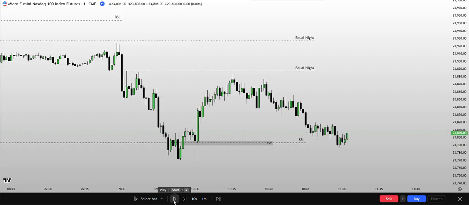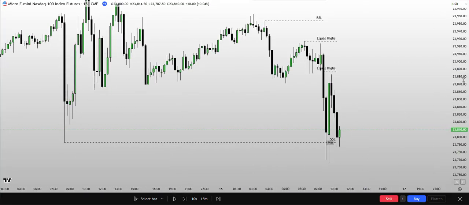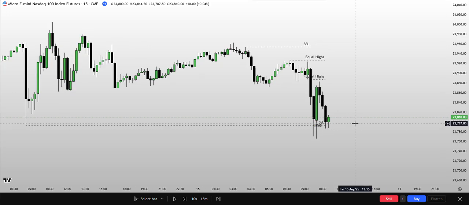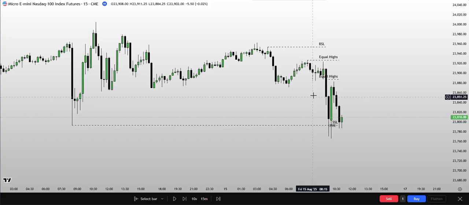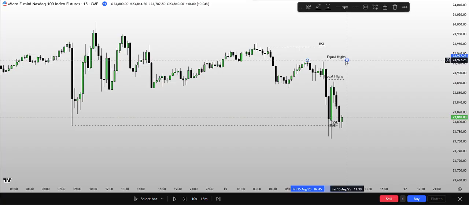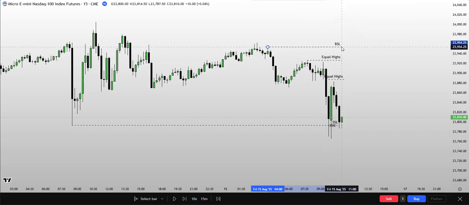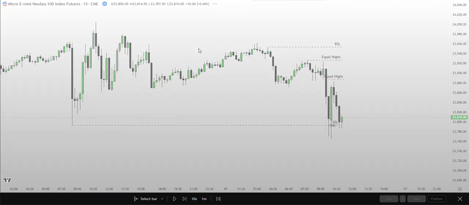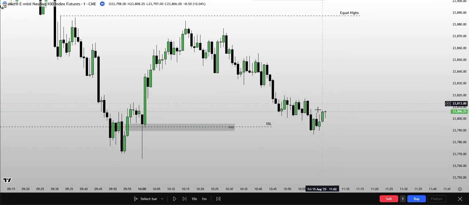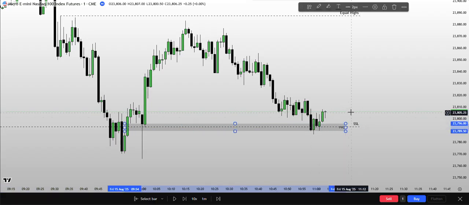Chopping around, so we'll see. Not entirely convicted in this draw, as my first draw was already tapped.